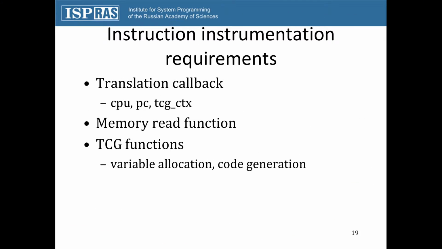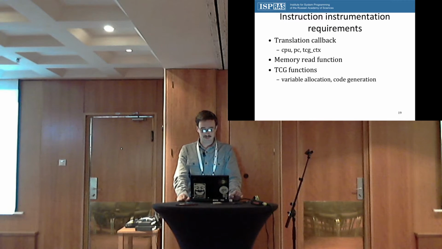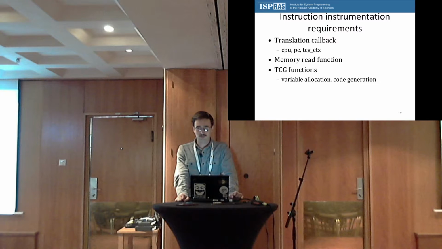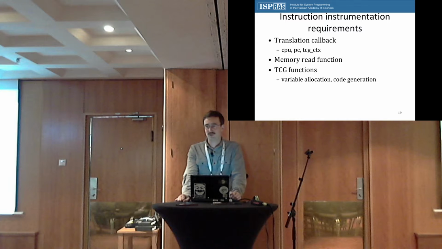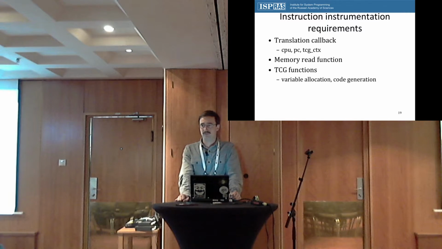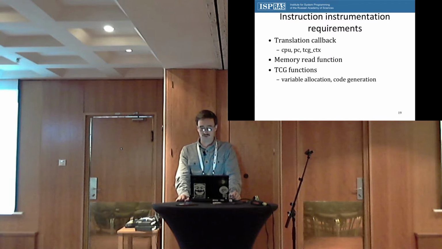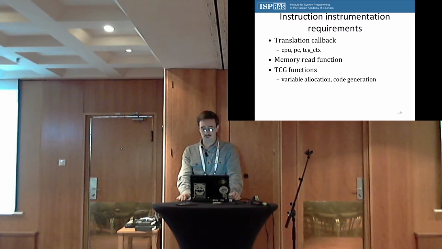And therefore, in the translation callback, we will need the CPU. Of course, we will need the PC, because to know which instruction to test. And the translation context, to call back to instrumentation functions like variable allocation and code generation.